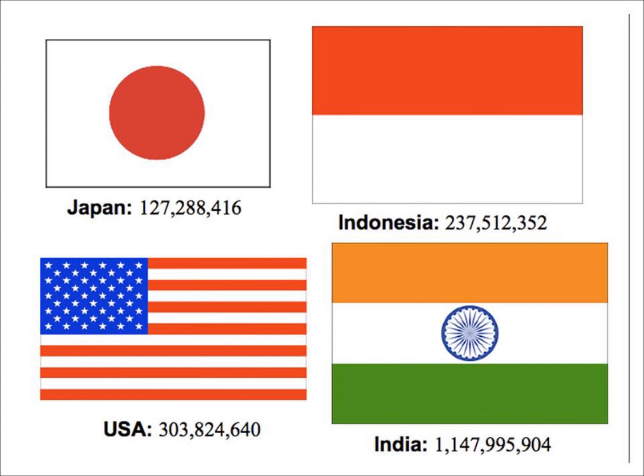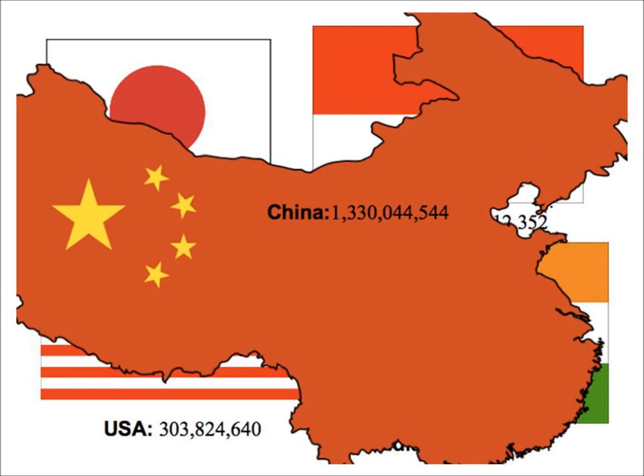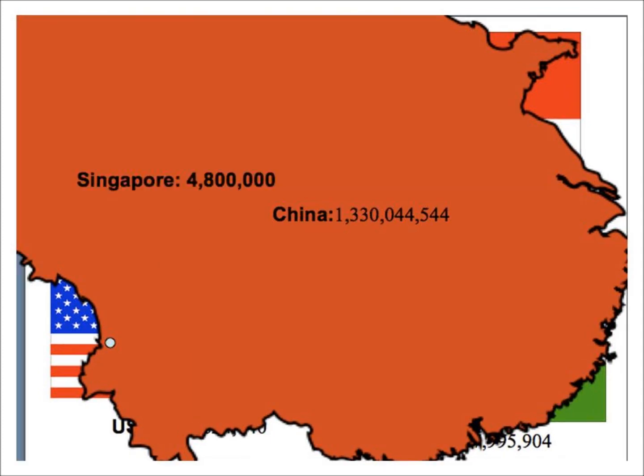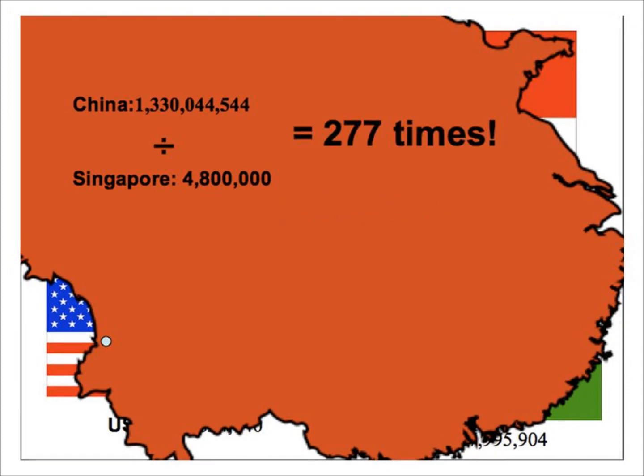India, 1,147,995,904 people. And China, 1,330,044,544 people. And how does Singapore compare? There, Singapore is just a small speck on the map of China, with just about 4.8 million people. This makes China 277 times more than Singapore.